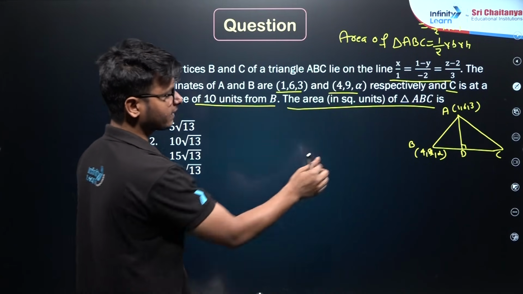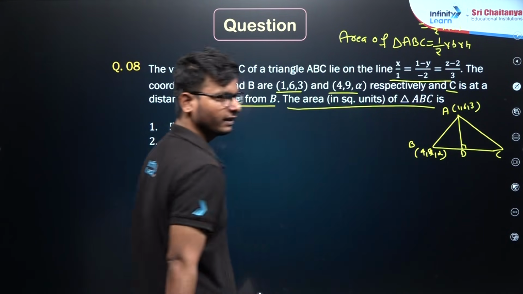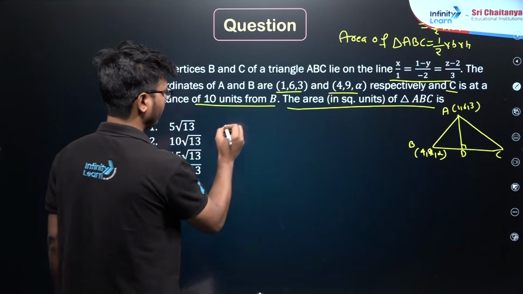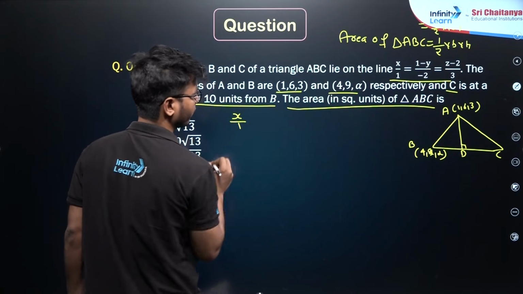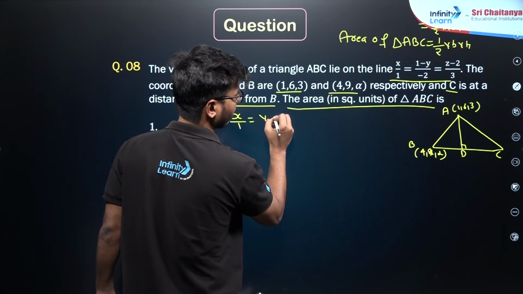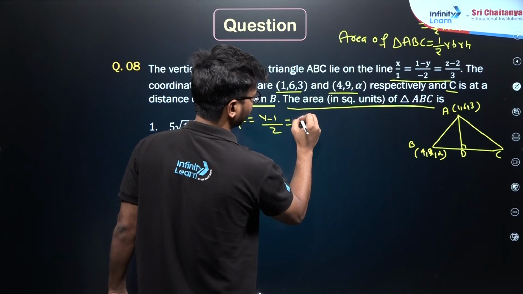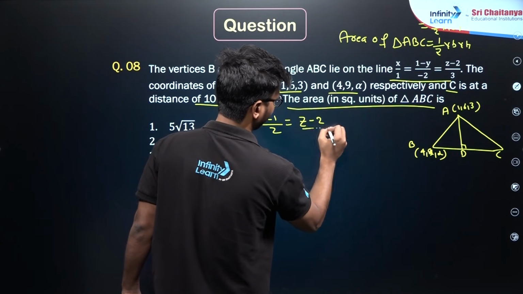So we know any general point on this line BC we can very easily find. So we have a line that is nothing but x by 1, I can write this as, y minus 1 by 2 equals z minus 2 upon 3.